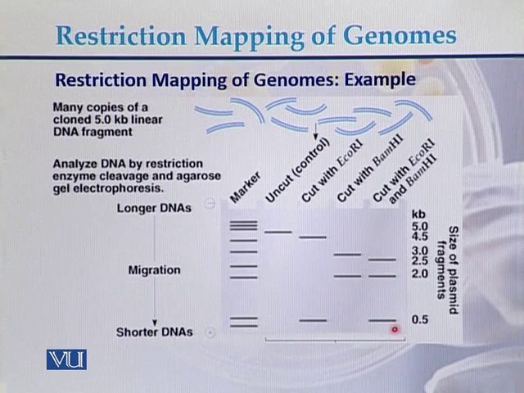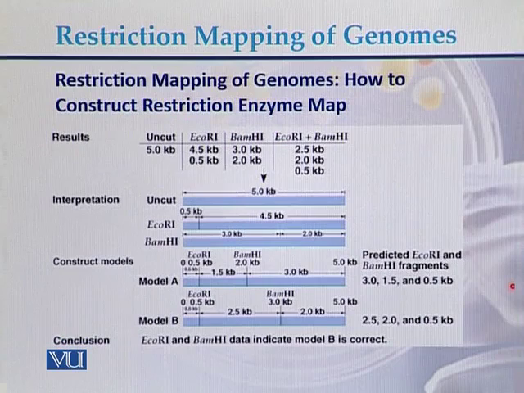One fragment is 0.5 kb, the second fragment is 2 kb, and the third fragment is 2.5 kb. So it means when we use different restriction enzymes, the sizes of the fragments produced are different. So how will we prepare the restriction map of the genome with the help of these enzymes?